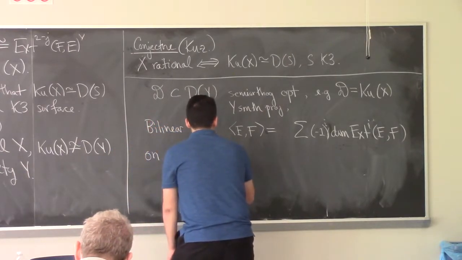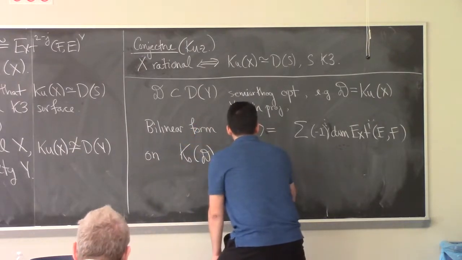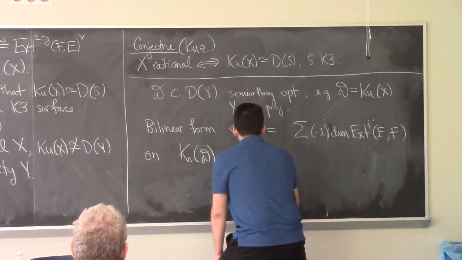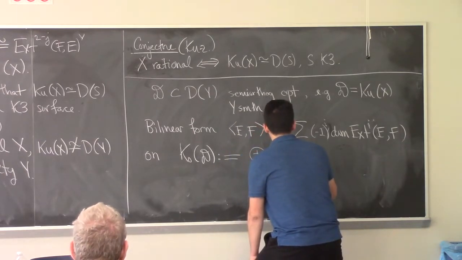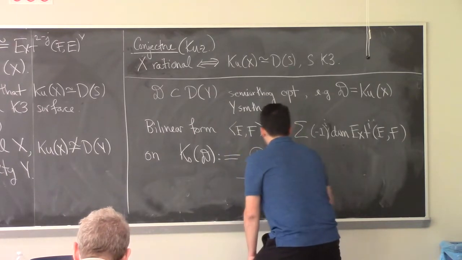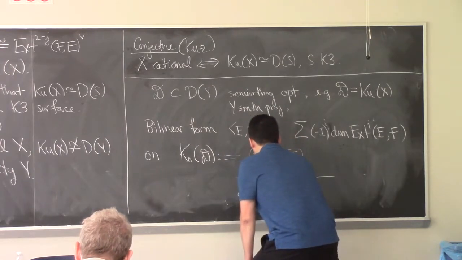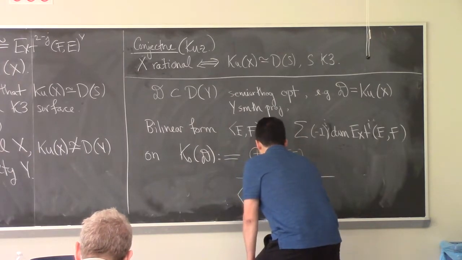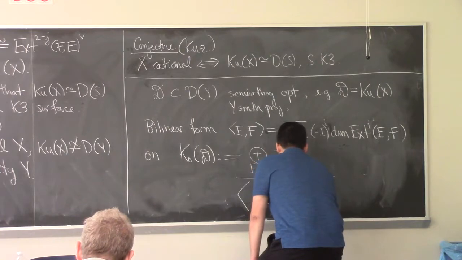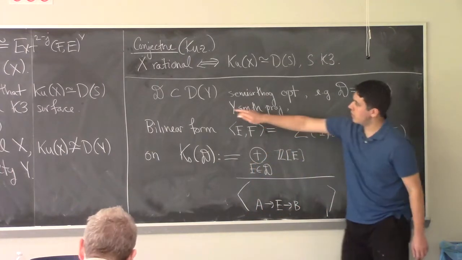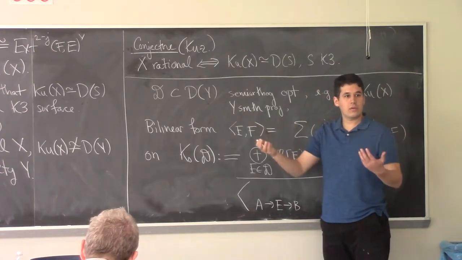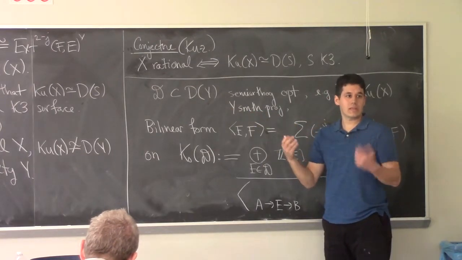By definition, the Grothendieck group is the free abelian group on isomorphism classes of objects in your category, modulo the relation that if you have an exact triangle. In a triangulated category, there's a notion of exact triangles, which is a generalization of an exact sequence.